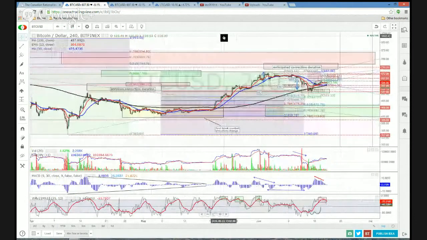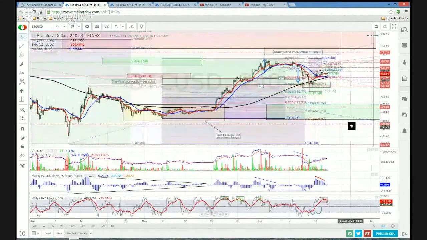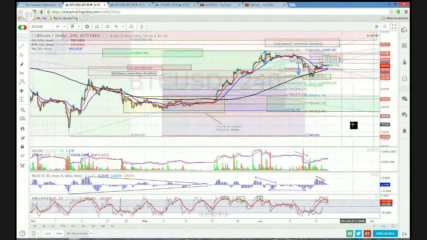One thing that I don't think I've talked about of late, but I think is worth mentioning now: you'll notice that this rally peaked at 547. If we draw a rectangular box off of that peak to the ultimate correction low, it paints this previous correction duration window.